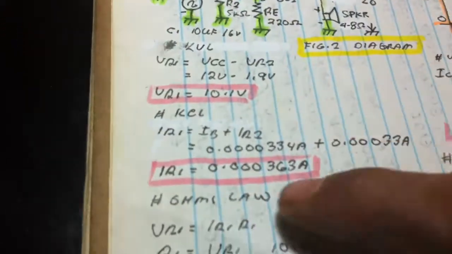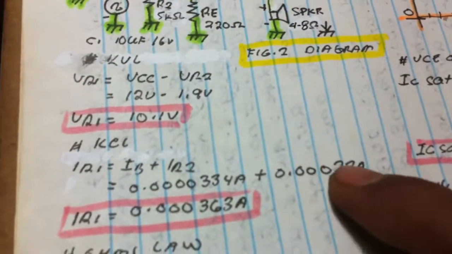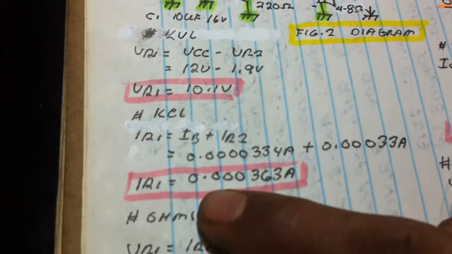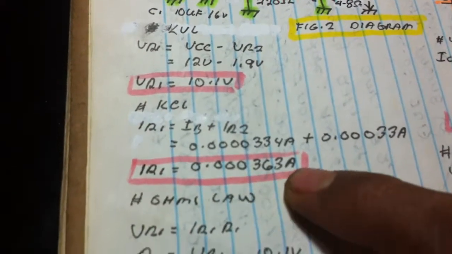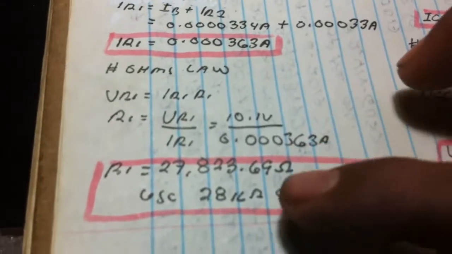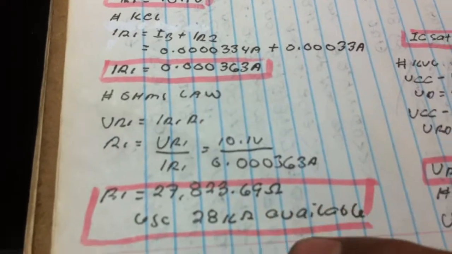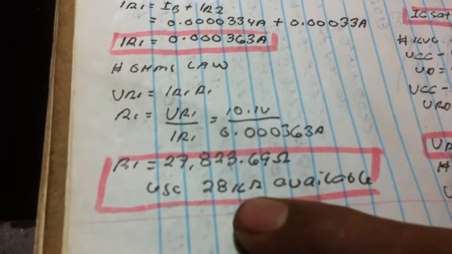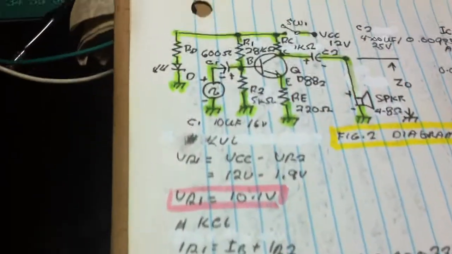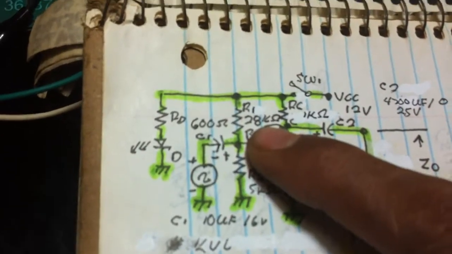According to Kirchhoff's, we know the value of IB and IR2, so we get that IR1 is 0.00363 ampere. Using Ohm's law for the substitution, we get 27,823.69 ohms. I'm using a 28 kilo ohm available resistor. That is now the value of R1, 28 kilo ohms.